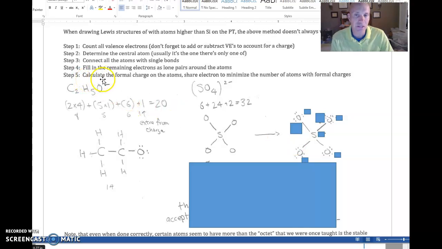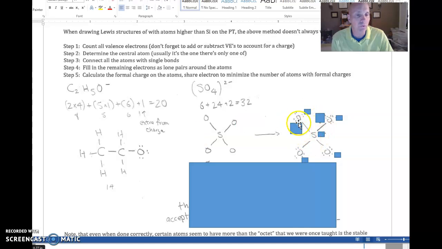You need to calculate the formal charge on the atoms, and after you do that, you want to share electrons to minimize the number of atoms with formal charges. That reminds me, there should actually be a minus charge on this oxygen right here, because if we calculated the formal charge around that oxygen, it would be -1.